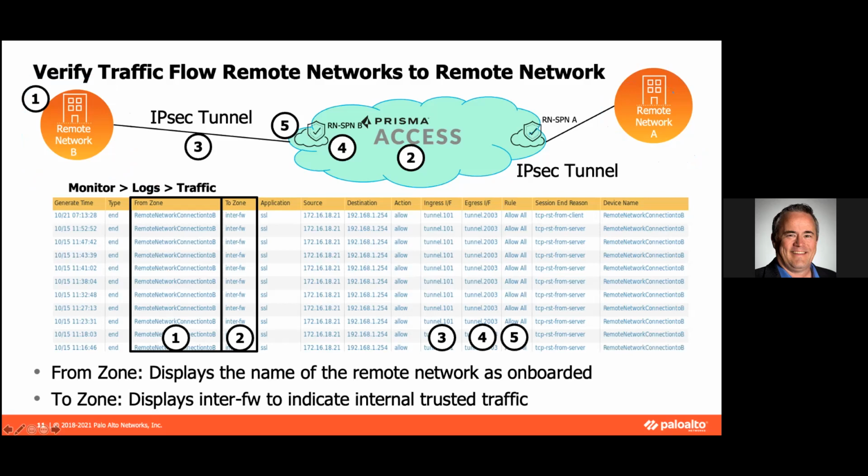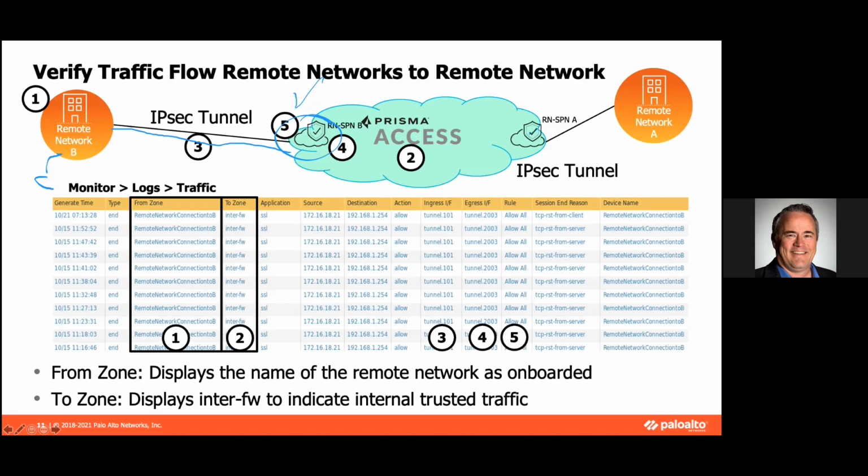So if I have a user on the ground in remote network B, and they go up their IPsec tunnel and hit their security processing node, this is where traffic's going to be inspected. This is where we're going to match it to security policy rules. This is where we're going to do decryption, whatever it is we're doing.